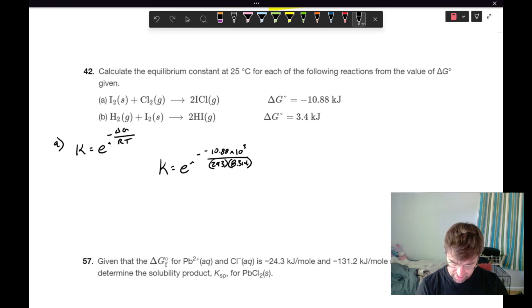We've got a negative and a negative, so it's just a positive 10.88 times 10 to the 3 divided by 293 divided by 8.314 gives us, oh, I got a little bit different value. Let me make sure I did this right.